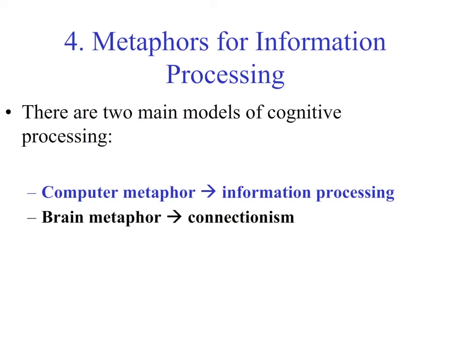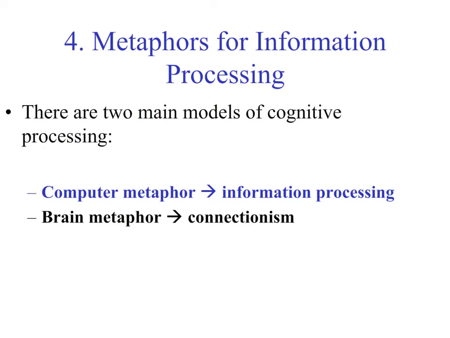Metaphors for information processing. There are a couple main models for thinking about cognitive processing. We can take the computer metaphor approach and talk about information processing. Information flows from this system, gets processed in that particular system, moves on to another system, goes from that system into another system, etc. So we'll talk about box and arrow models and highlight a couple of them throughout this course.